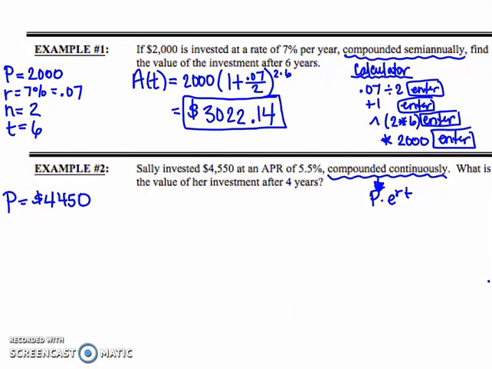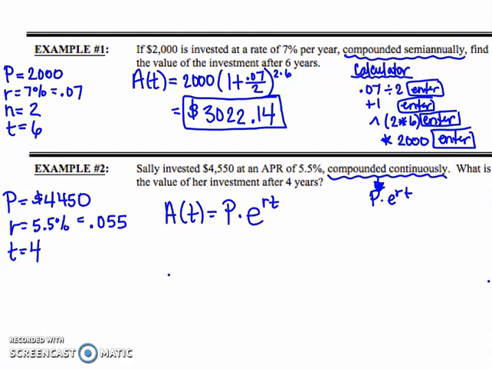That's APR. So our rate is 5.5%. When we change that to a decimal, move the decimal point 2 places to the left, that's going to be 0.055. Compounding continuously means we're going to use our e formula. What is the investment value after 4 years? So t is 4. Okay, so we're using our A of t is equal to P times e to the rt formula.